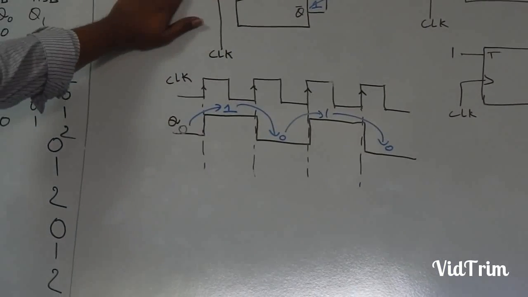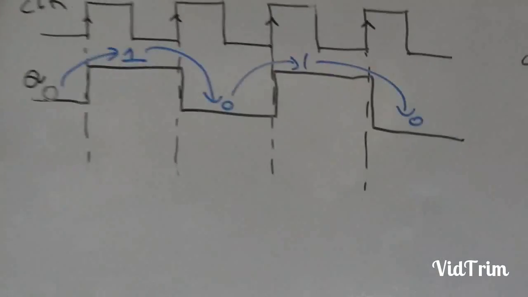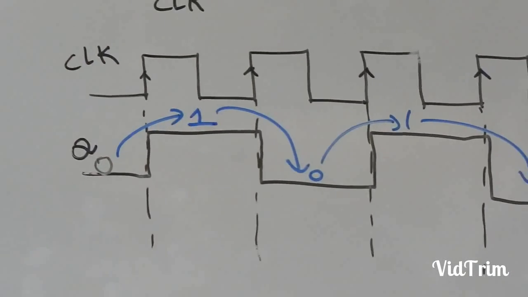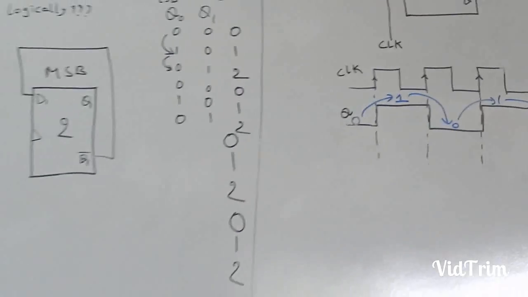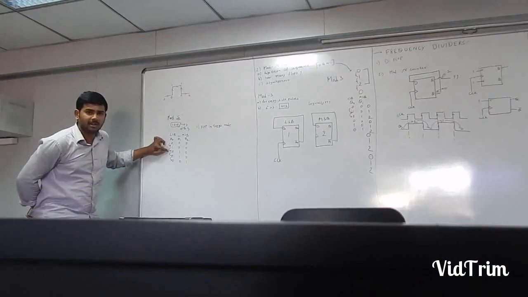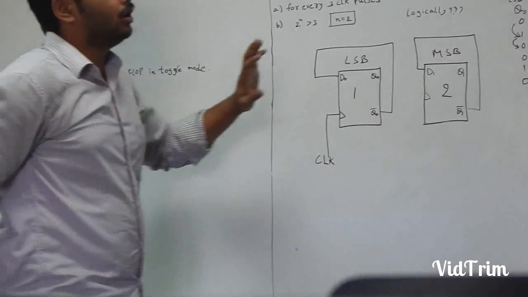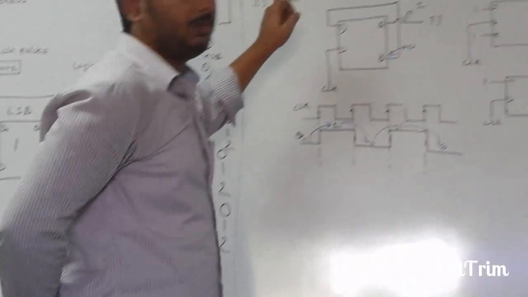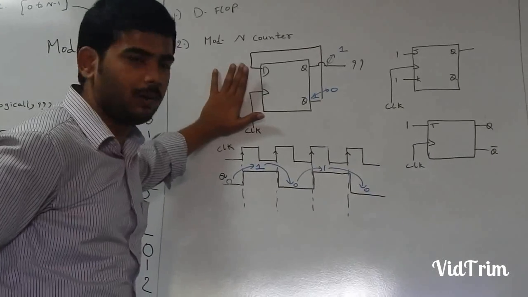So the D flip-flop in toggle mode, this we should use for the LSB bit. See, clearly you can understand that every clock pulse the LSB bit is complemented, toggled. So the first flop should definitely be in toggle mode.